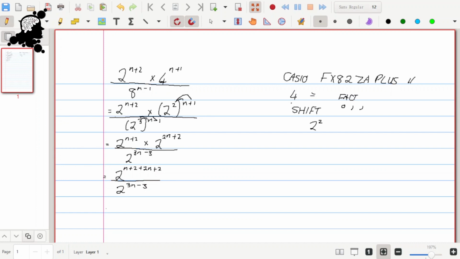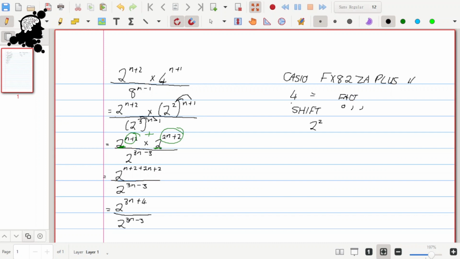Because we are multiplying the 2 here and the 2 there, we simply took their exponents and added them. n plus 2n gives me 3n. Then 2 plus 2 gives me positive 4. All over 2 to the power 3n minus 3.